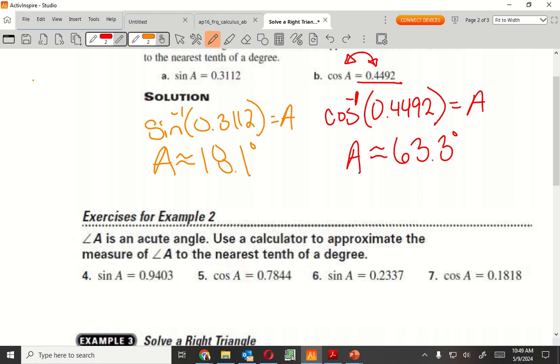Know the exact answer. What did I just do?